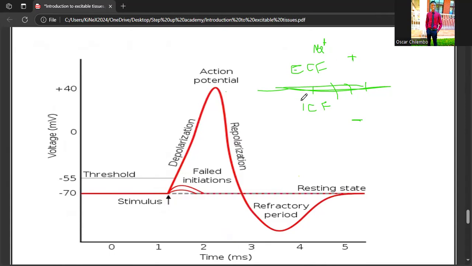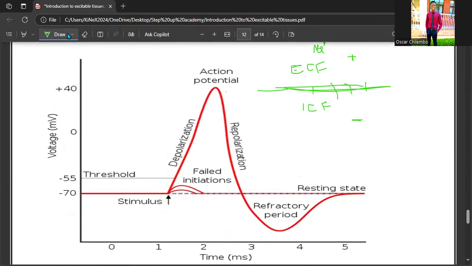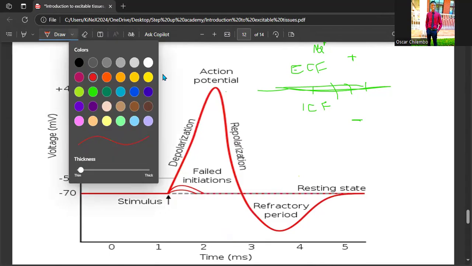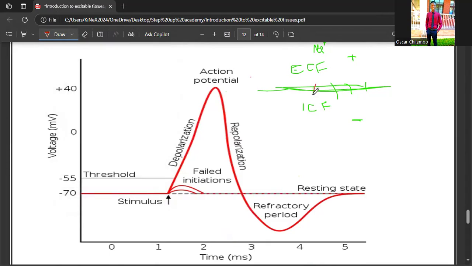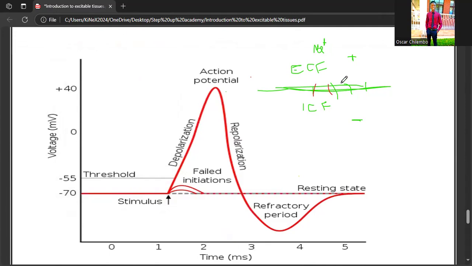Whenever there's no activity happening in the intracellular fluid and extracellular fluid, we call this the resting membrane potential, meaning that there's nothing happening. And as I said, what's happening here is that we have leak channels. These leak channels allow slow inflow of sodium.